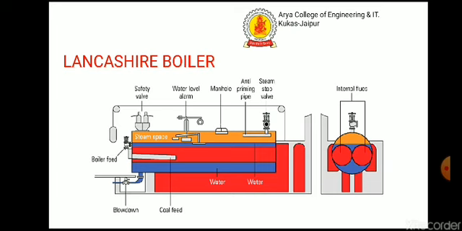Water level indicator. It indicates the level of water in the boiler. It is placed in front of the boiler. Two water level indicators are used in the boiler. These are the Lancashire boiler mountings.